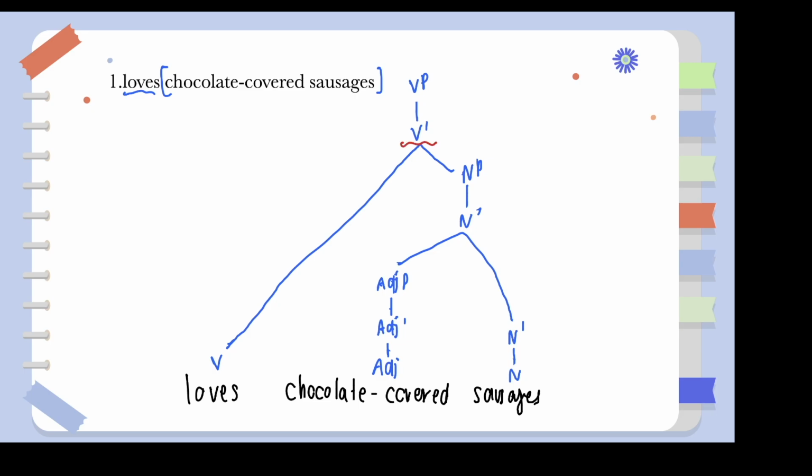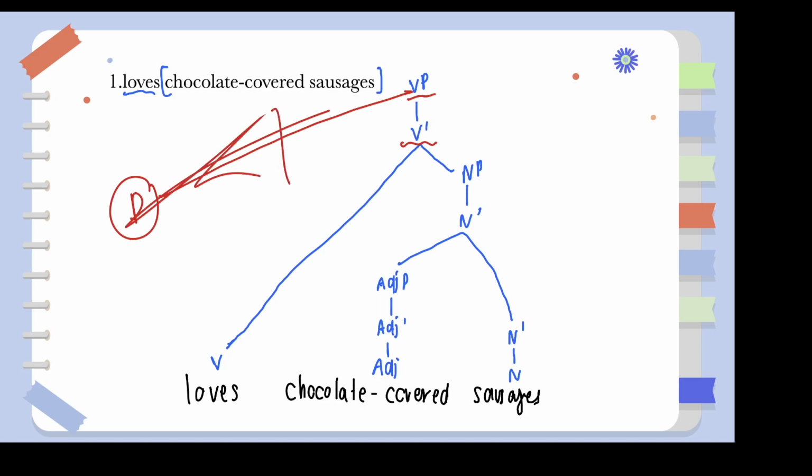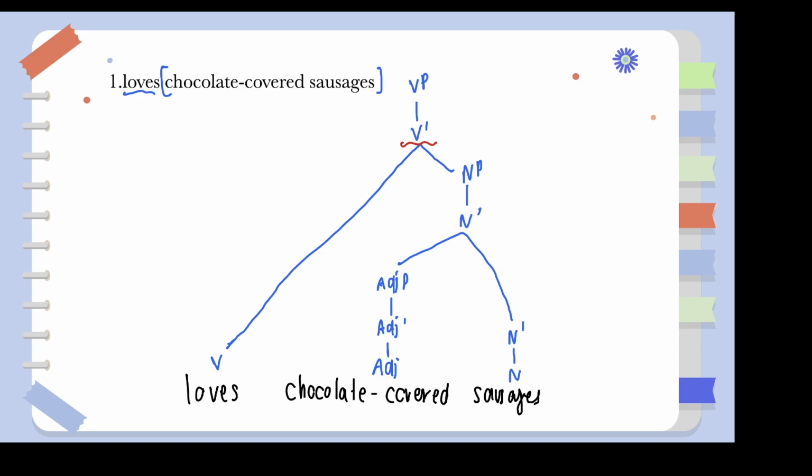Don't forget we still have to have V bar here. A verb phrase cannot be attached by the determiner anyway, so D or determiner is going to appear in the noun phrase only.